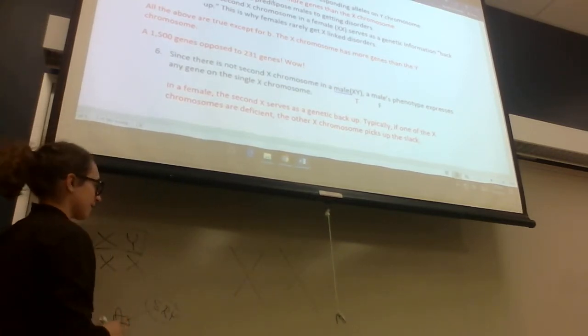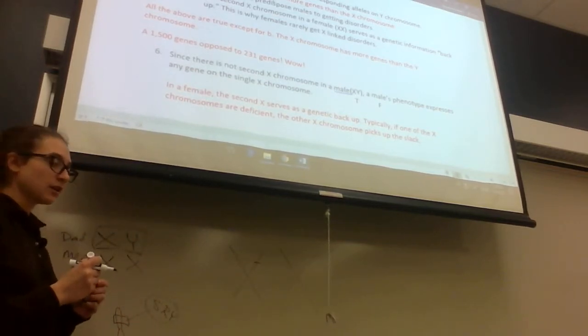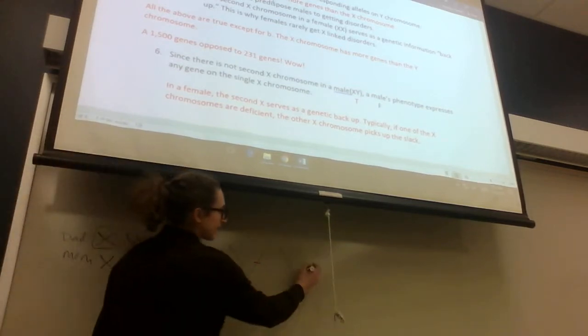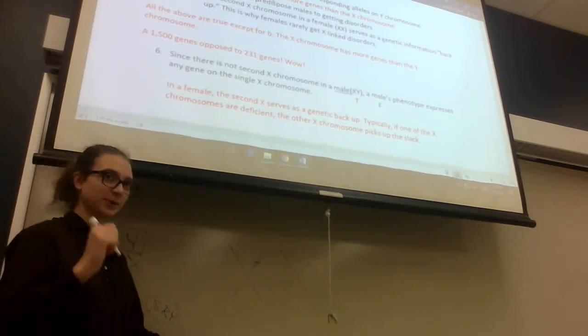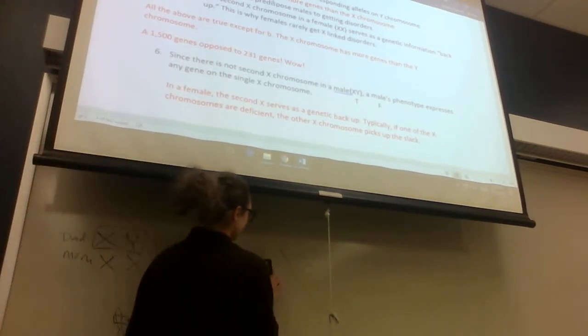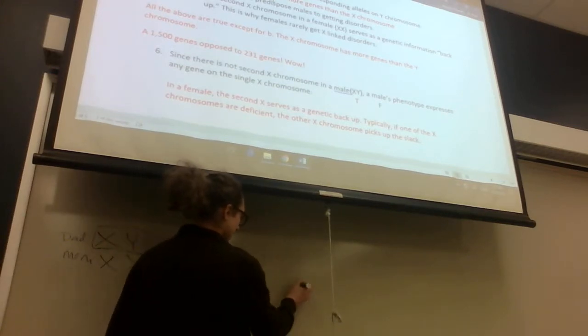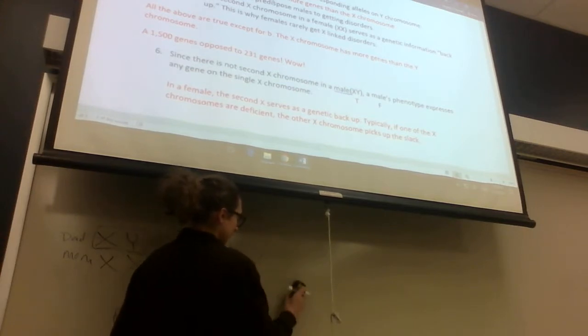Say you have the trait for color blindness. In the female, she will not be colorblind because she has a backup X that will cancel that out. So, woohoo, good for us. In a male though, you have this gene and the Y, so you have Y and X.